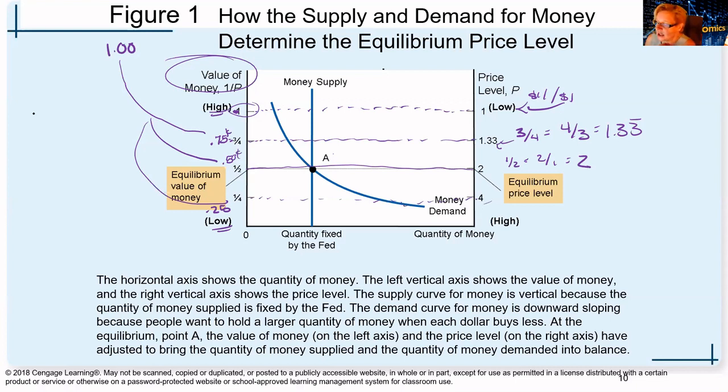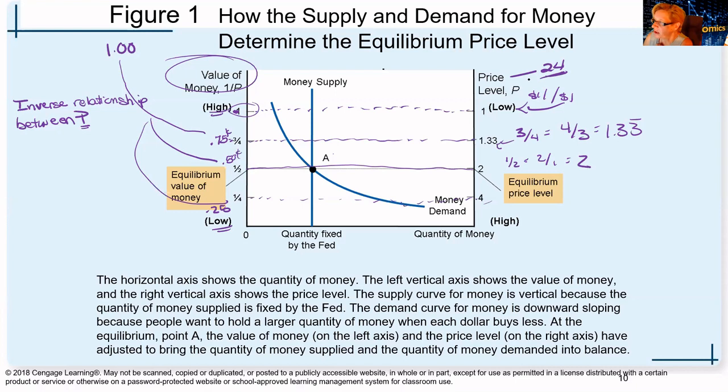So what do I want you to take away from here? I want you to know that there's an inverse relationship, meaning when one goes up, the other one goes down. So there's an inverse relationship between the price level. Now, what is the price level? The CPI, right? That we studied in chapter 24.